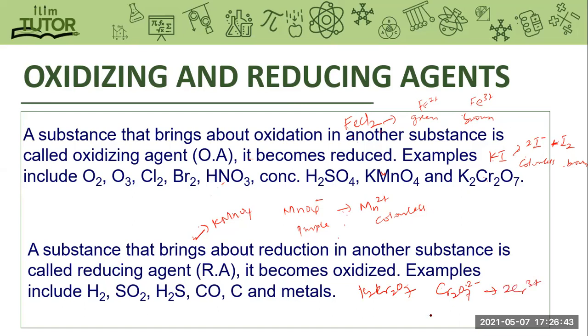So these two will change from orange. The color is orange initially. It will change to green. So when you do this practically, that is a test for a reducing agent. Changing of potassium dichromate from orange to green and decolorizing potassium permanganate. That is a test for a reducing agent.